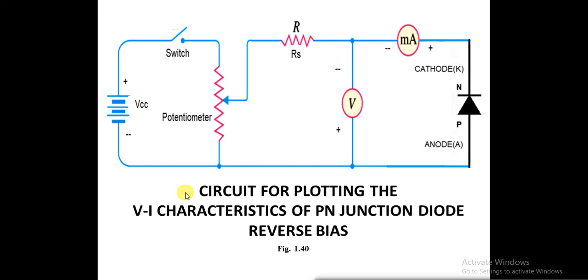So this is the reverse biasing of the PN junction diode. Rest of the circuit is the same, and we have also changed the polarities of the ammeter and the voltmeter.